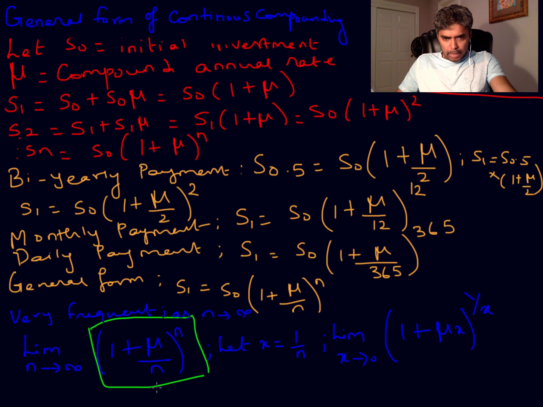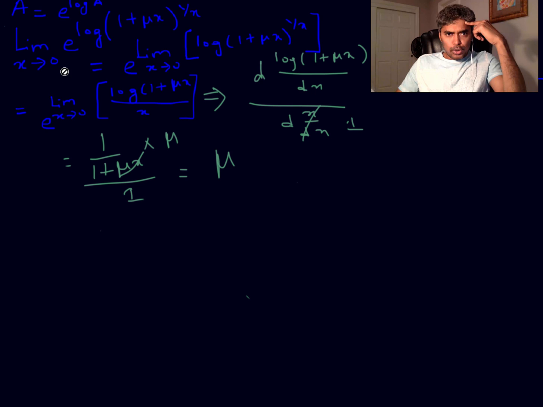To find that, I'm just going to make a simple substitution. x is equal to 1 by n, which means instead of n tends to infinity, it becomes x tends to 0, then 1 plus mu x to the power 1 by x. So I'm going to make another substitution. This is very similar to a equals e to the power log a; both are the same. So I'm going to apply that here in the previous equation.